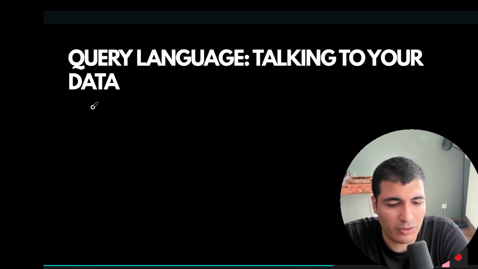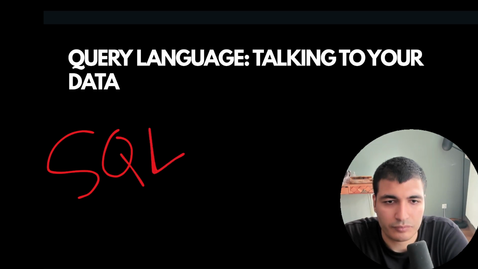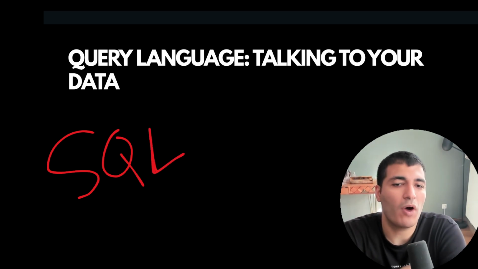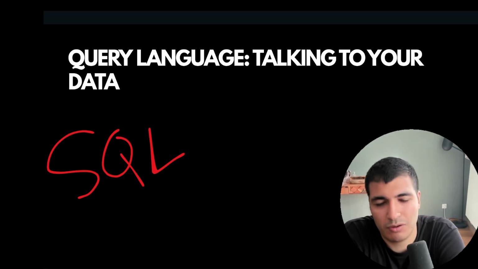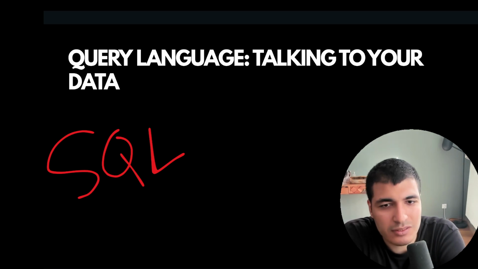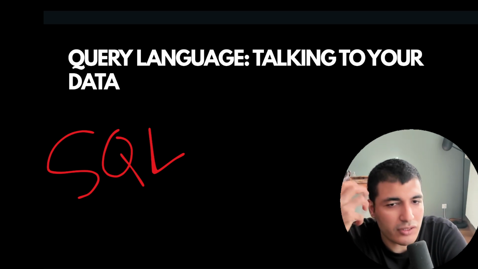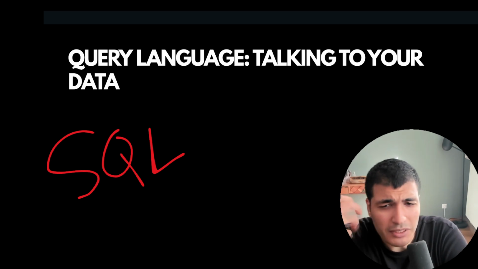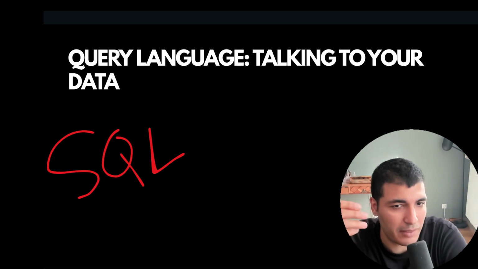Okay, next we will talk about query languages. We start with SQL as always. One of the defining features of SQL databases is the use of SQL, the Structured Query Language. This is the standard language for interacting with relational databases. It's a declarative language, meaning you tell the database what you want, and the database engine figures out how to retrieve it and send it back to you.